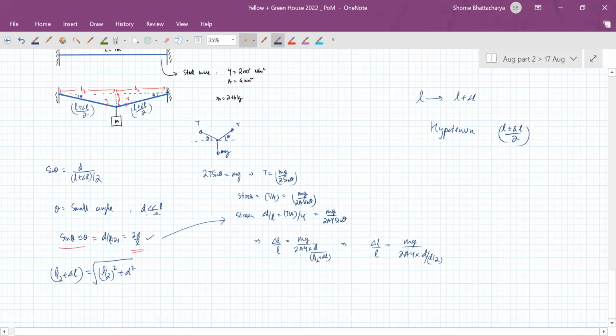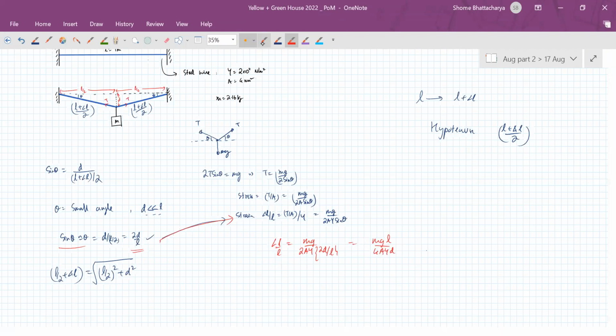So it's L plus delta L by 2. Now, in this, you are substituting the sine theta term from here as this. So we have delta L by L is mg upon 2ay, and sine theta is 2d by L. So that is mgl upon 4 times a by d.